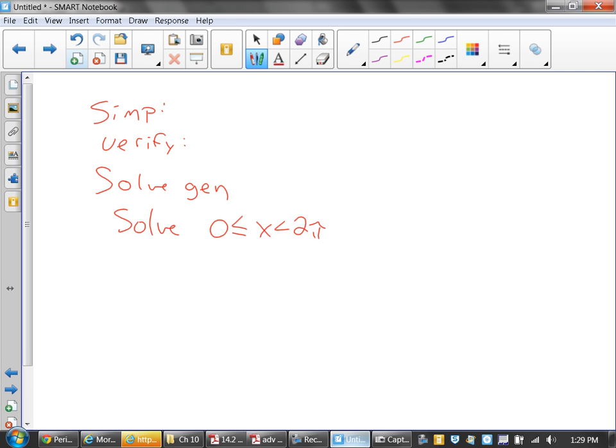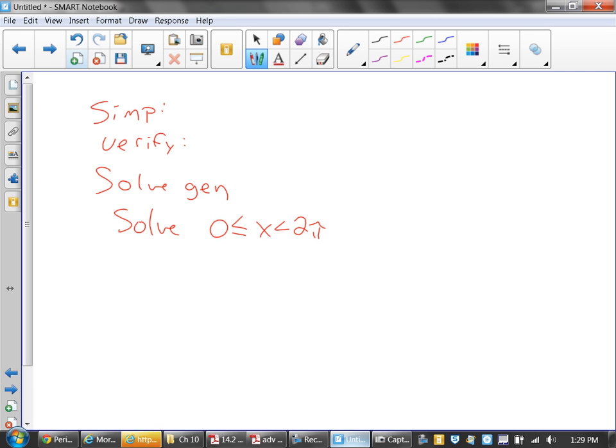The chapter review kind of sucks when you're looking at the simplify verify, because there's a ton of negative angles and half angle stuff. That's when I would fall back on those worksheets I was giving you, just those extra practice ones. The simplify and the solve within the revolutions. You guys are doing really well because you're really good at reference angles, so that shouldn't come as a shock to you with any of those.